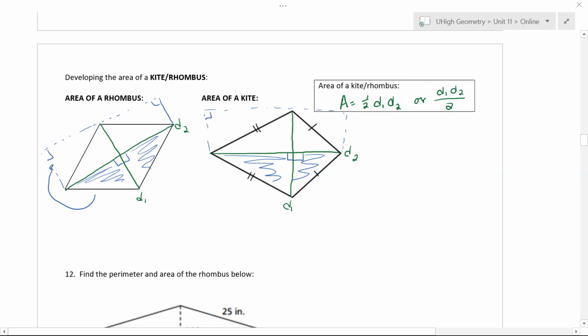we can see that we have now created rectangles with each of these shapes. And in this rectangle, I have a length, so the long side has a length the same as my diagonal 2, and the height of both of these is half of the length of my diagonal 1.